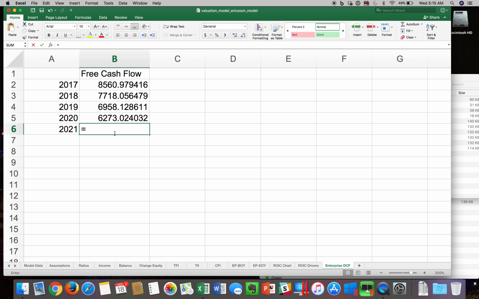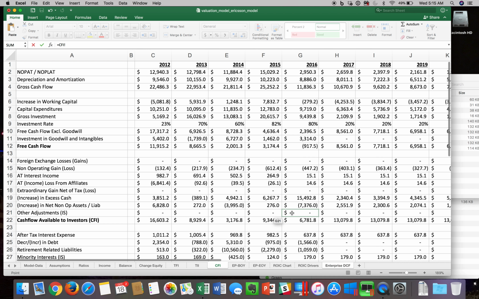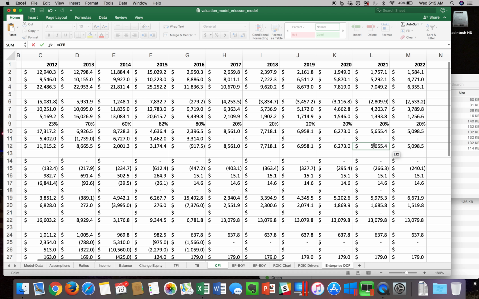And 2021 forecasted free cash flow is L12 off of CFI.